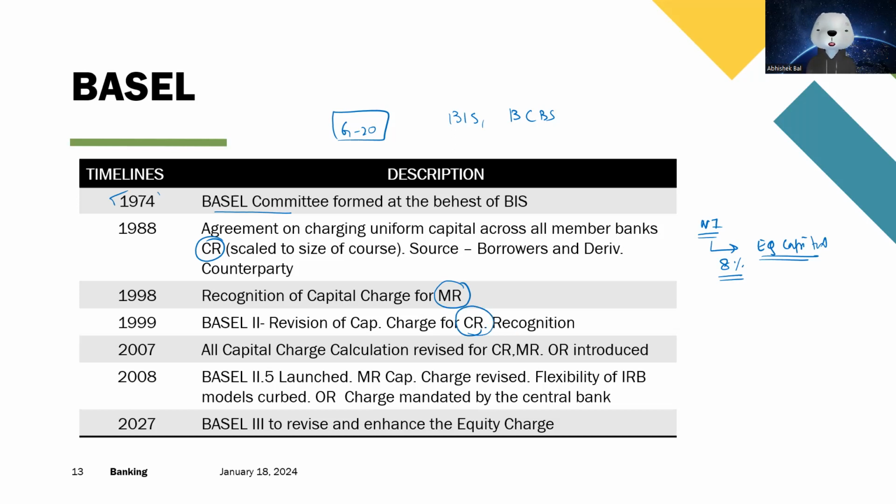And by 2007, all three risks were classified and recognized, and the banks were told that the required capital they need to keep on their balance sheet should cover not only the credit risk separately identified, but also the market risk as well as the operational risk, all three separately identified.